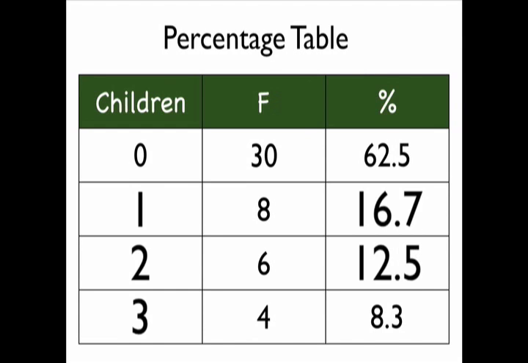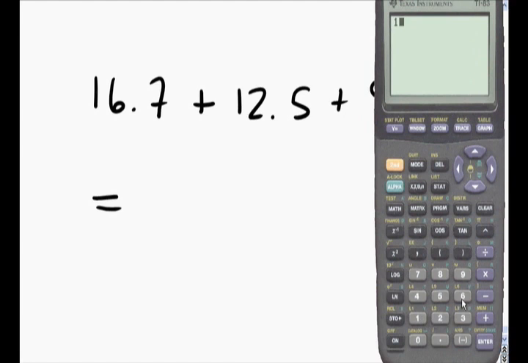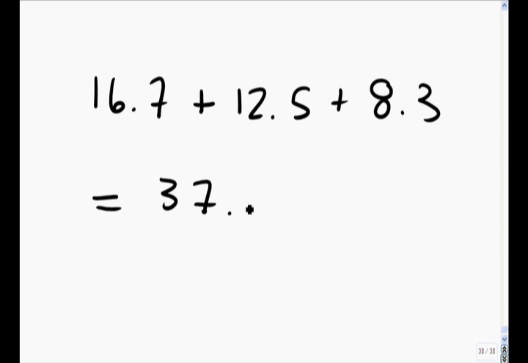Take the 16.7, 12.5, 8.3, and add these percentages. 16.7 plus 12.5 plus 8.3 is 37.5. 37.5% of the class has at least 1 child.